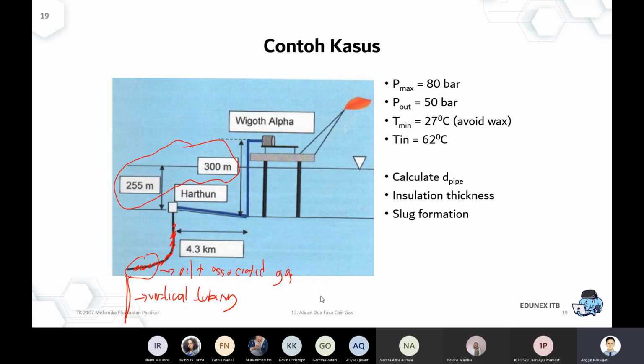The liquid starts to coalesce, to merge into a bigger bubble, a bigger slug. This is an example of the slug, and that's why it's unstable. Every time the bubbles come from the well, not all of them are sent to the top of the riser. They start to accumulate at the bottom of the pipeline.